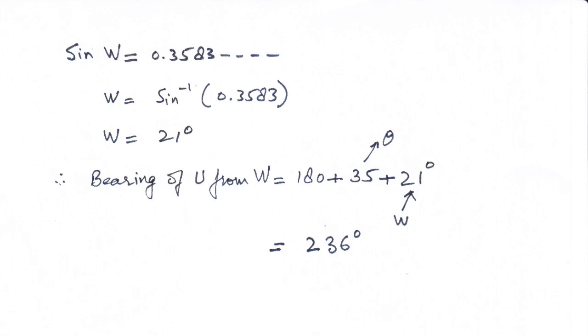Now to get the answer for the bearing of U from W, we write down 180 plus theta plus W, or 180 plus 35 plus 21, which is equal to 236 degrees, and our answer is there, and we score 4 marks for this question.